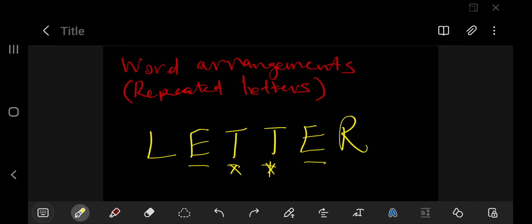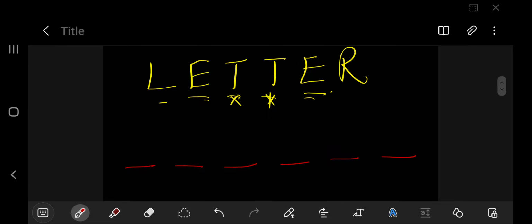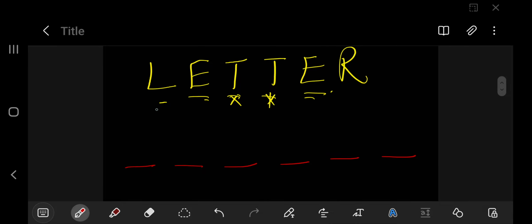So if you want to arrange this word and the question says how many word arrangements can you get from these letters, as in how many 6 letter arrangements, 1 2 3 4 5 6, yeah. So we have 6 spaces, and from these letters, let's say there is no repetition, so you cannot repeat a letter.